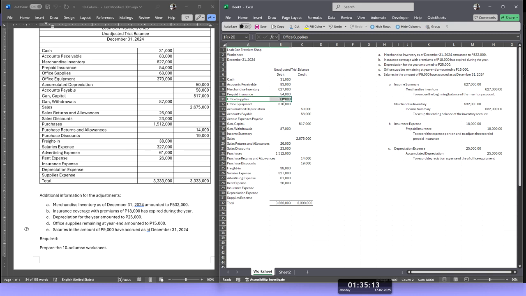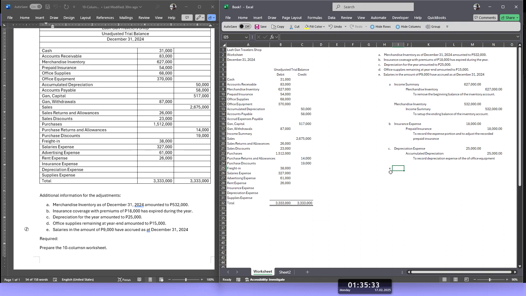Since this is an asset, the adjusting entry for a prepayment recorded using the asset method is to recognize the used portion of the asset.